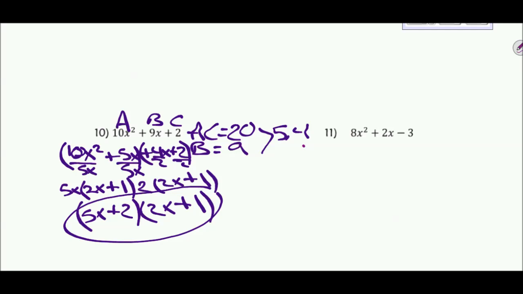Okay, so first, and then you do A times C, which equals negative 24.